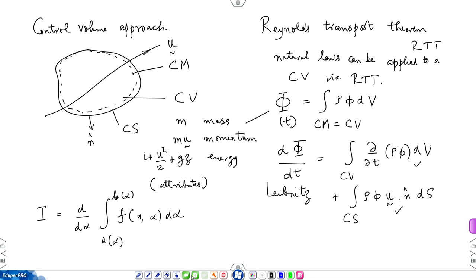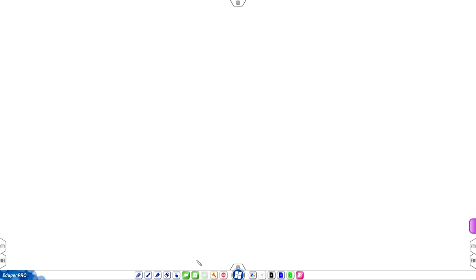Okay. So, let us start with the first natural law, which is conservation of mass. So, if you interpret capital phi as the total mass of the material contained in Cm, Cm is constant mass system, which overlaps Cv at time t equal to 0, but is moving at a speed u.